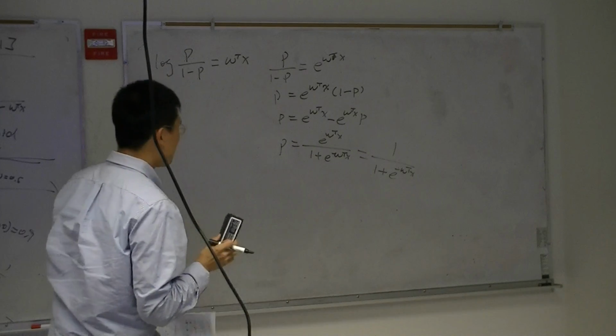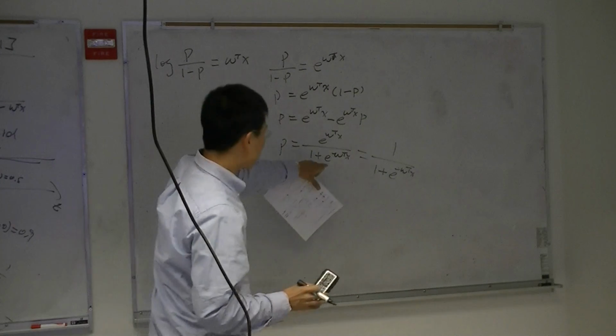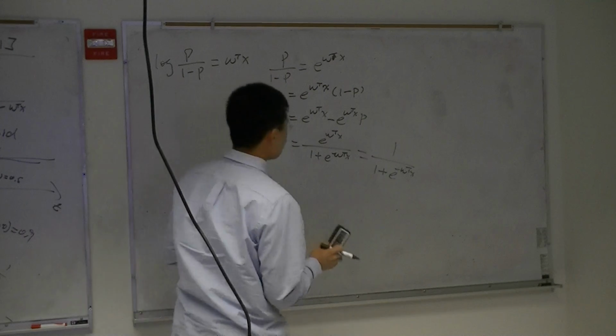So this is one way to explain why we choose this function. They came from the odds. Since the odds is not symmetric, we take a logarithm. Then we can calculate what the p is here, and we get the logistic function.